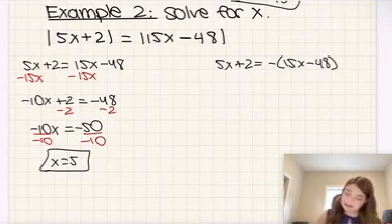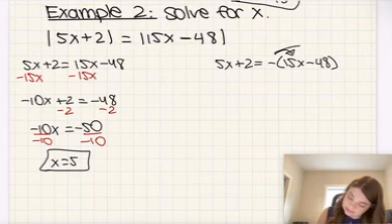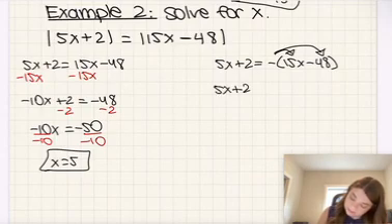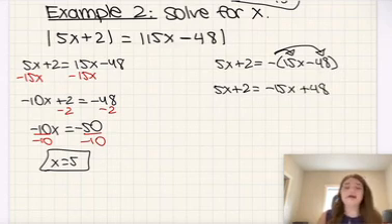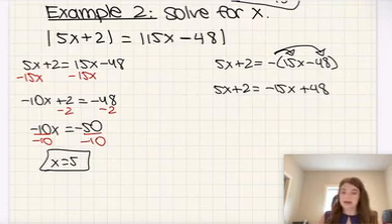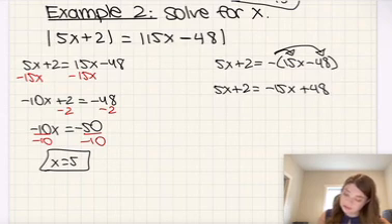Then for the next one, let's first distribute the negative sign into the 15x and to the 48, or to the negative 48. So we get 5x plus 2 is equal to negative 15x plus 48, right? Because negative 1 times negative 48 is positive 48. Then I'm going to add 15x to both sides.